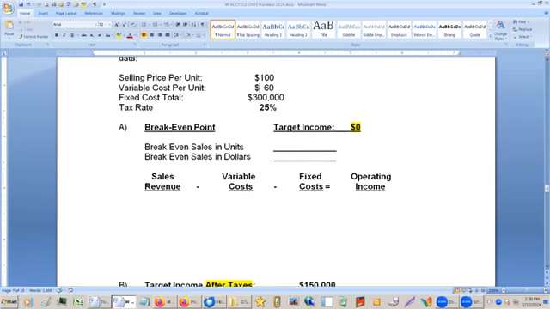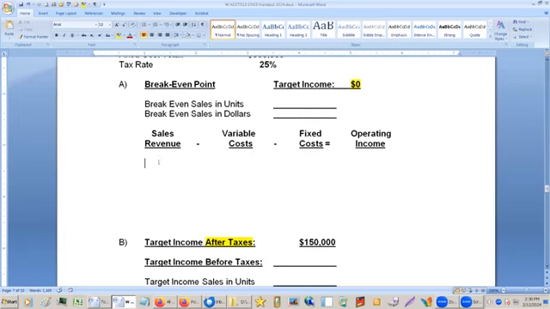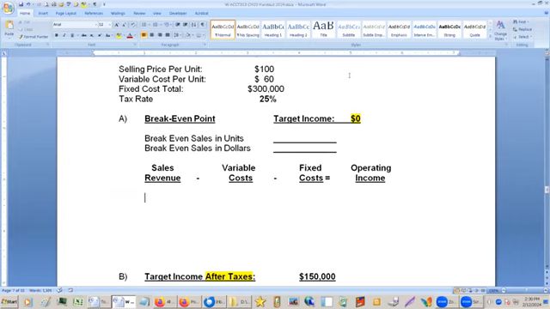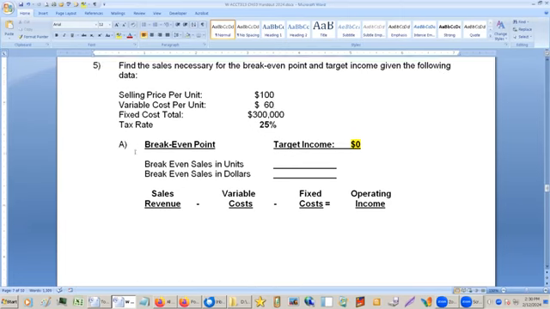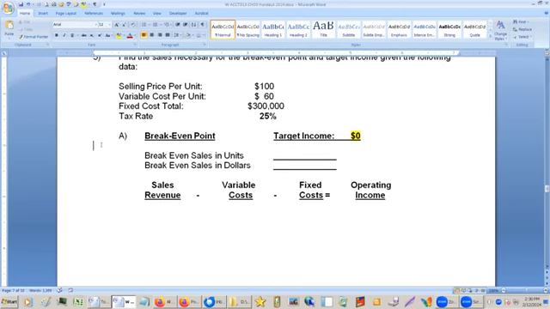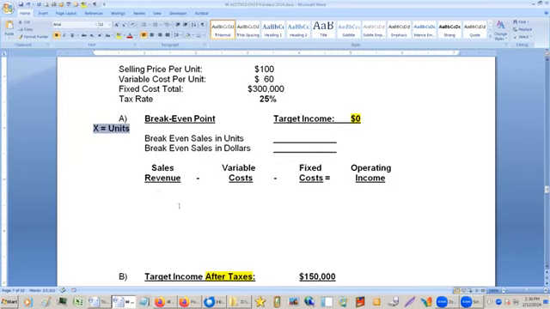So selling price is 163. Okay, so just like we've done it several times before. So X equals units.